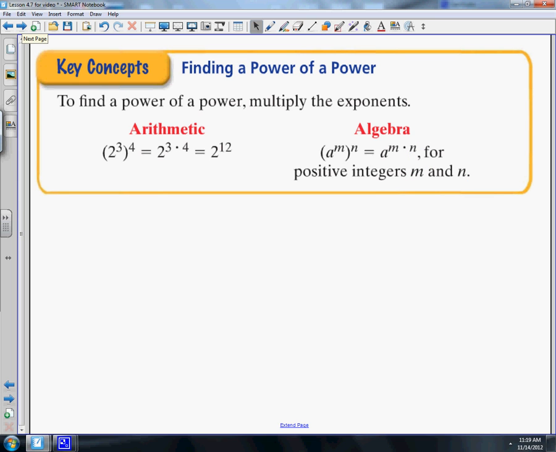All right, so here is the other key concept, finding a power of a power. Now, if I said I want 2 to the 3rd to the 4th power, that means I want 2 to the 3rd 4 times.